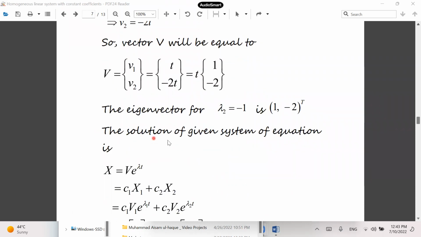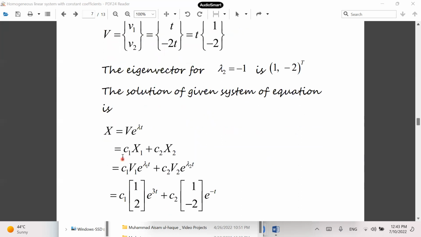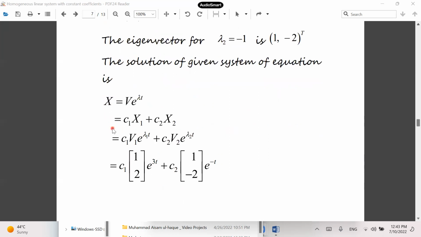In order to write the solution of the given system of equations, we will have this form: x equals v e^(lambda t). It is also equal to c1 x1 plus c2 x2, where x1 is v1 e^(lambda1 t), and c2 v2 e^(lambda2 t).